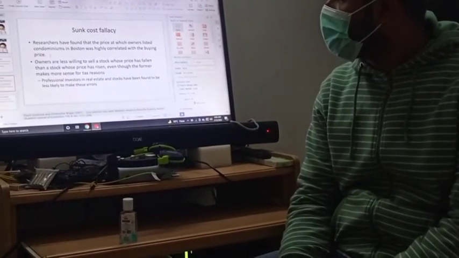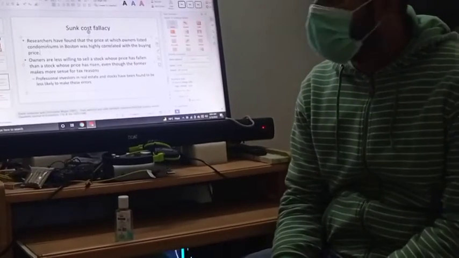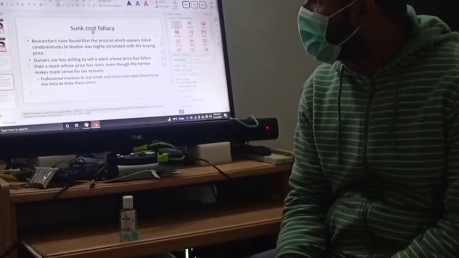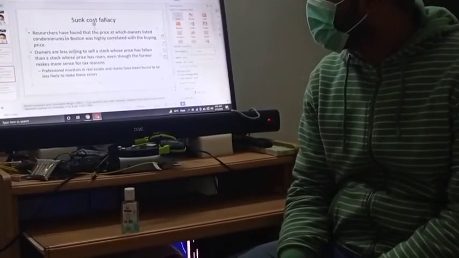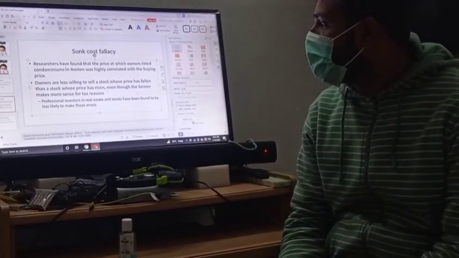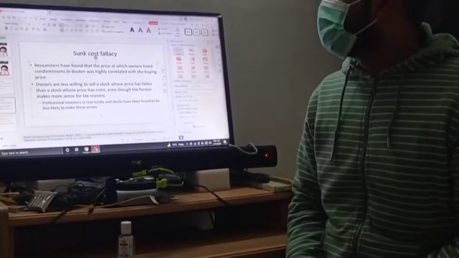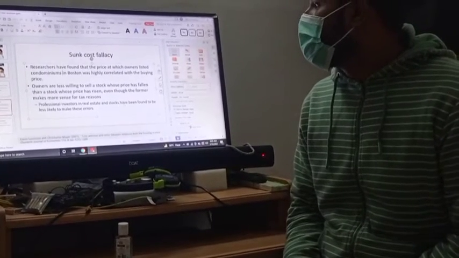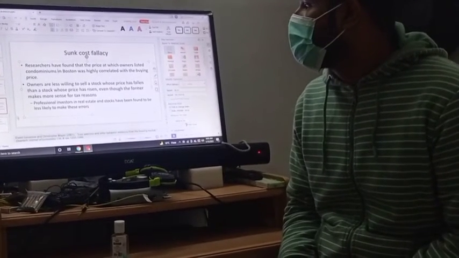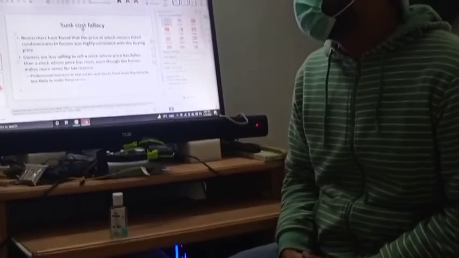An example can be put here that in posh areas, that same apartment would have cost more, and in a rundown neighborhood, it would cost less. Owners are less willing to sell a stock whose price has fallen than a stock whose price has risen, even though the former makes more sense for tax reasons. Professional investors in real estate and stocks have been found to be less likely to make these errors because, of course, they're professionals with more experience.